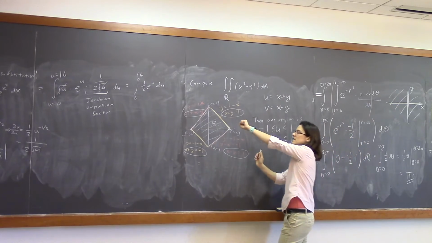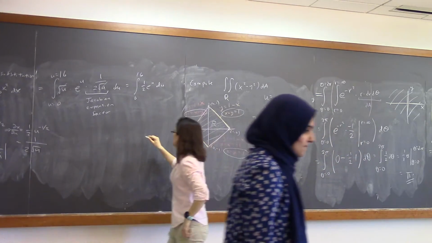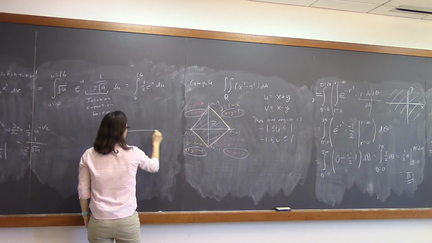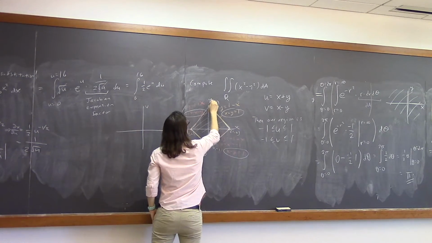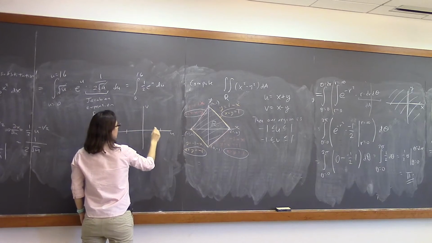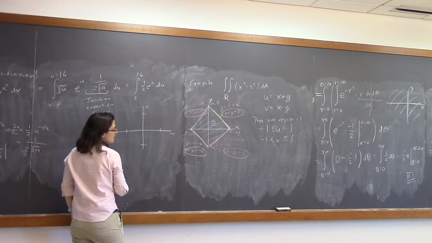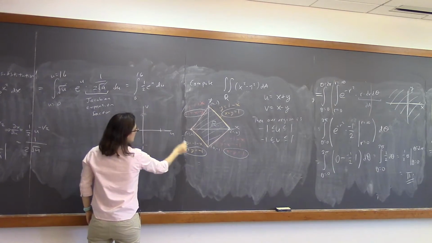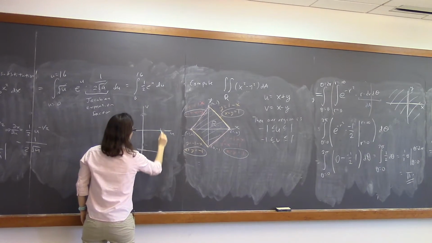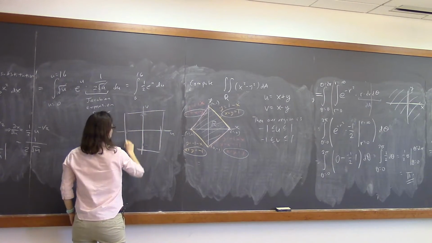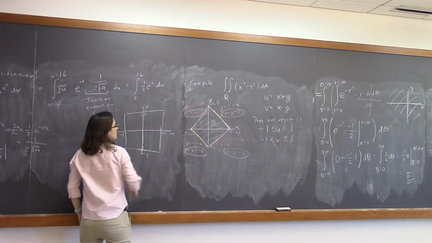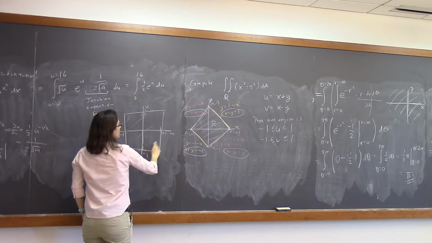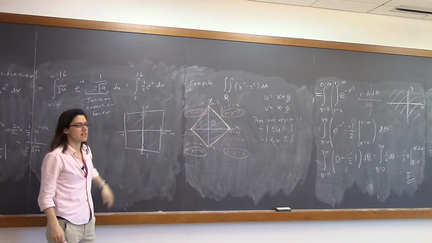We've just taken this and moved it into the uv plane. This was the xy plane, where we now go from negative 1 to 1. I'll make this with the same scale. This goes from negative 1 to plus 1 and negative 1 to plus 1. So this is the new region that we'll integrate over in the uv plane.